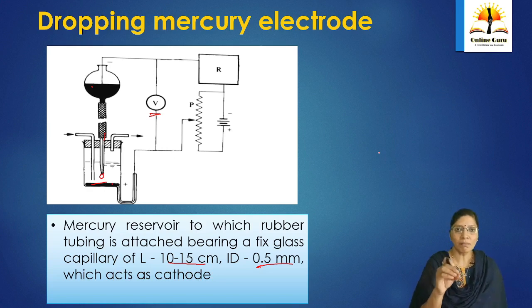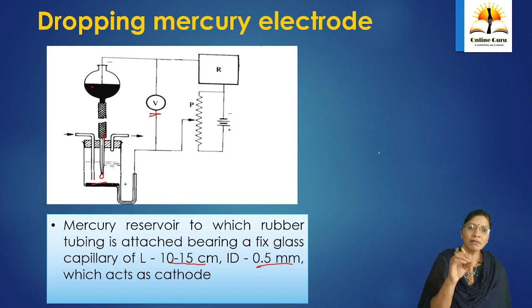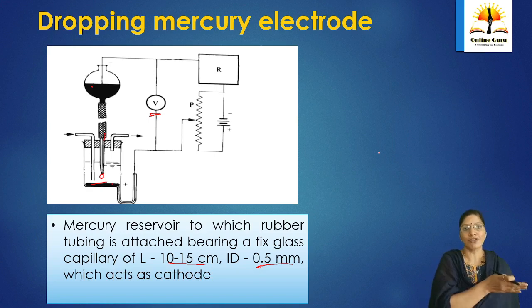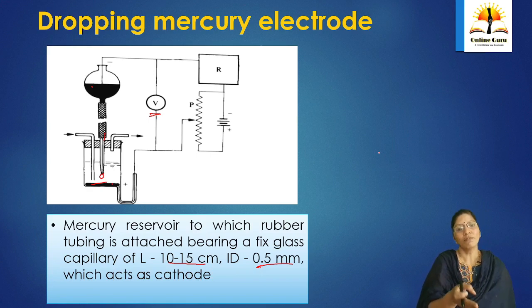Keep in mind that when you scan from 0 to positive, there will be an oxidation process and the working electrode will behave as anode. Whereas when we go in the negative direction, from 0 to negative potential, the working electrode will behave as cathode, and there you are going to have the reduction process taking place.